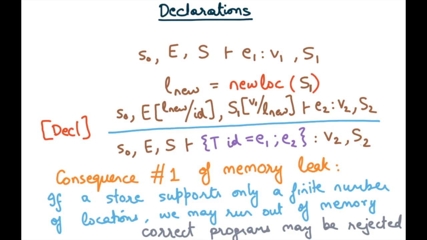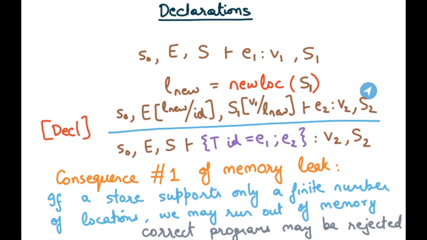And that's how we typically think about the adverse effects of memory leaks, which means that the new loc operation will fail, and so this execution operational semantic rule will fail to trigger, and the program will get stuck.